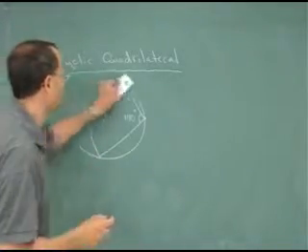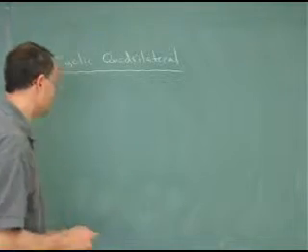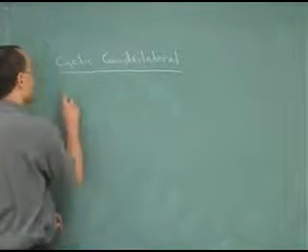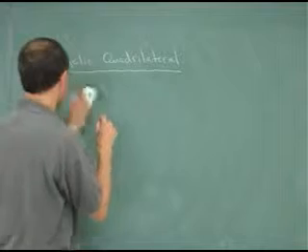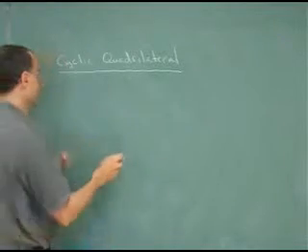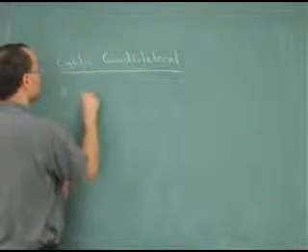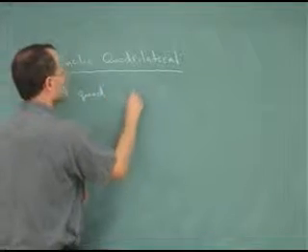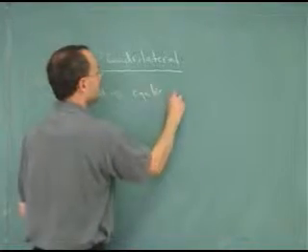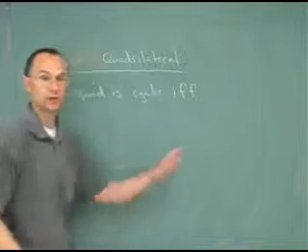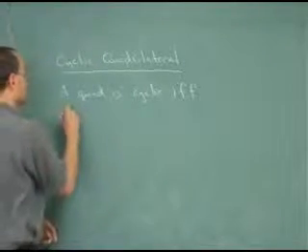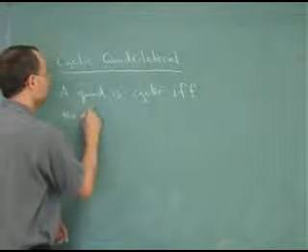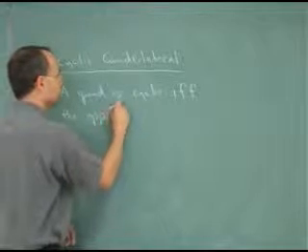Now the way this law is written up is the following. I'll just write it in a kind of two-way writing. A quadrilateral is cyclic if and only if, and I'll explain that in a moment, the opposite angles are supplementary.